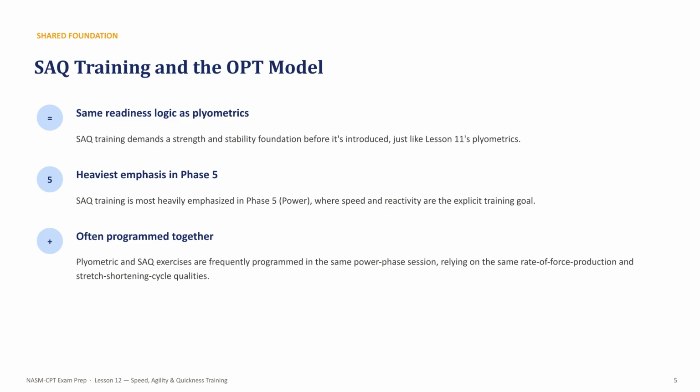And here's a practical detail. Plyometric and SAQ exercises are frequently programmed together in the same power phase session. They rely on the same underlying qualities, rate of force production and the stretch shortening cycle. So don't think of SAQ as a totally separate topic. It shares its physiological foundation directly with plyometrics.